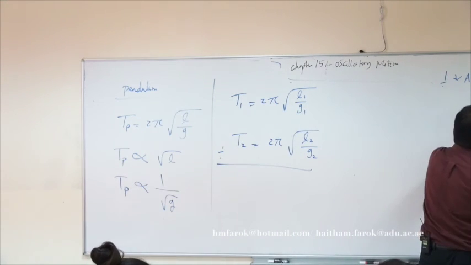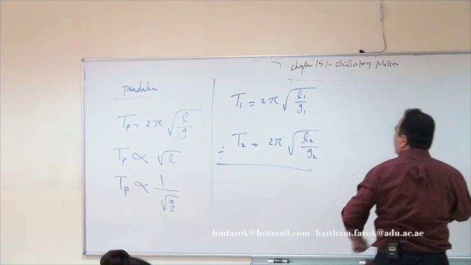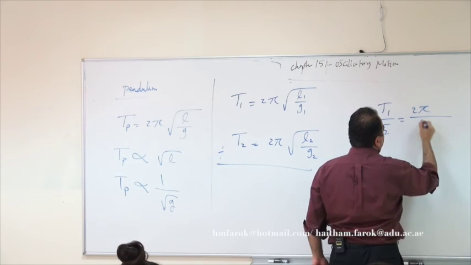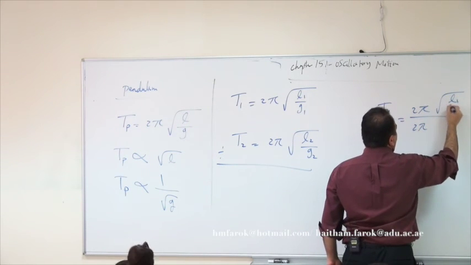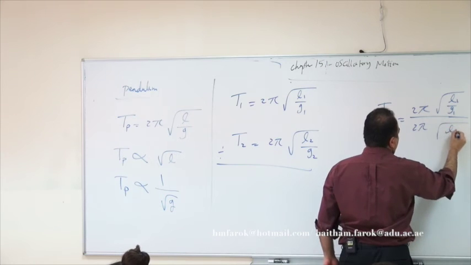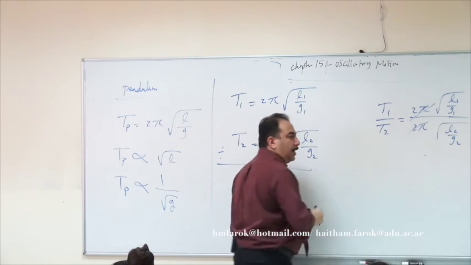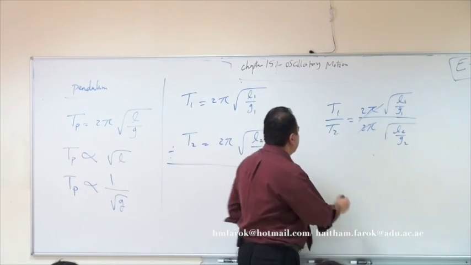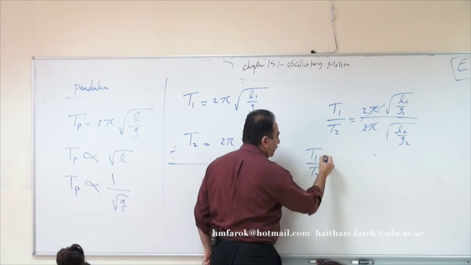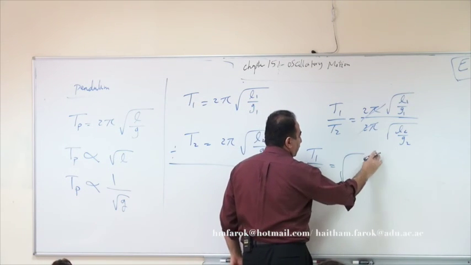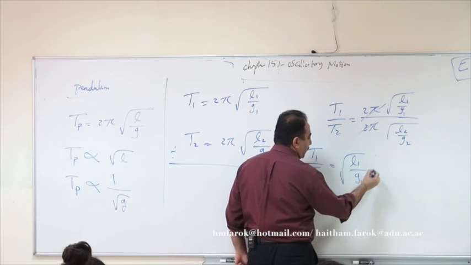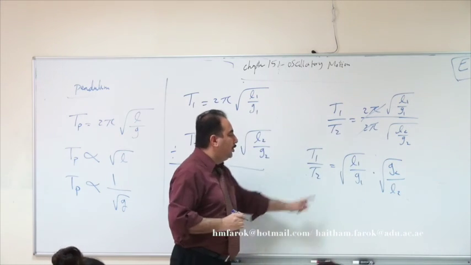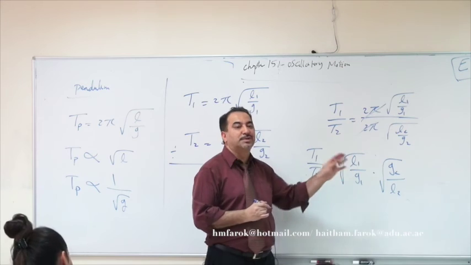You'll have a ratio. What's the ratio? T1 over T2, 2π over 2π, √(L1/G1) over √(L2/G2). 2π with 2π cancels. And then I can take this one up and turn it upside down. So it's T1 over T2 equals the radical of L1 over G1 multiplied by G2 over L2. Now we don't like radicals, so we square both sides.